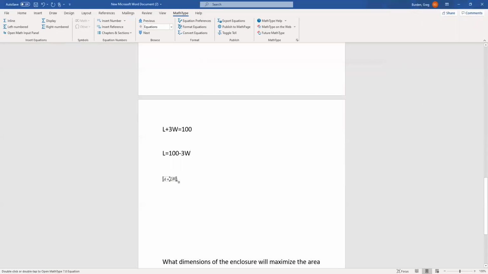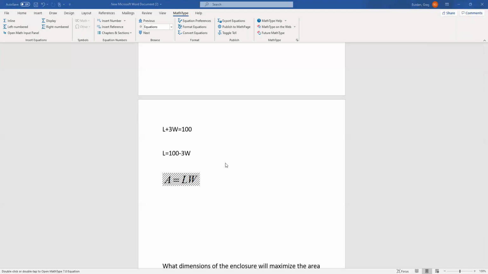Area is equal to length times width. As I mentioned, this has two variables, but we don't need both variables because we can replace L with this 100 minus 3W. So if we do that, again, I'm going to go in the window here and do some typing. So we have 100 minus 3W.